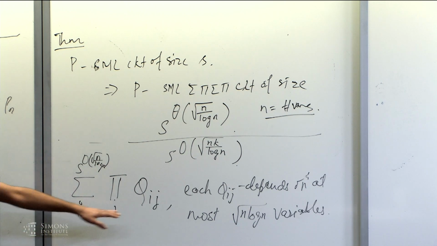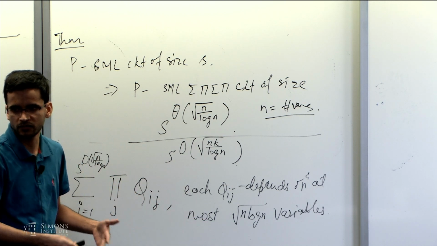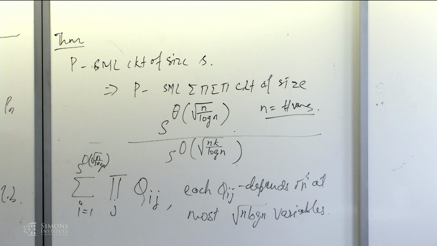So in particular, its degree is bounded by square root of n log n, but there's more. It just doesn't see too many variables. None of the q_ij actually sees a lot of variables.